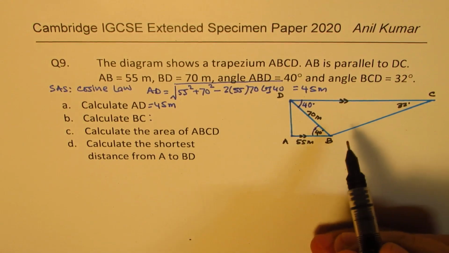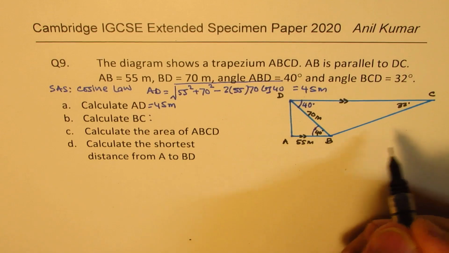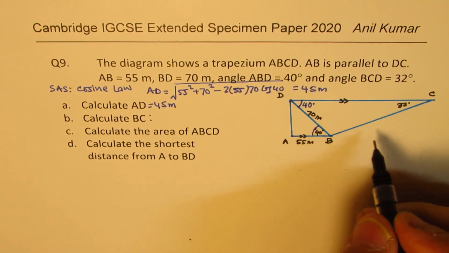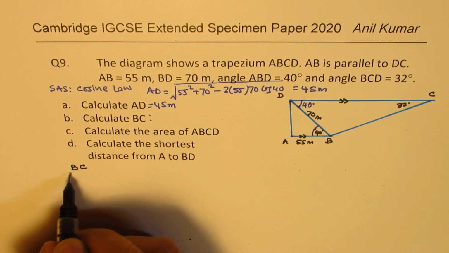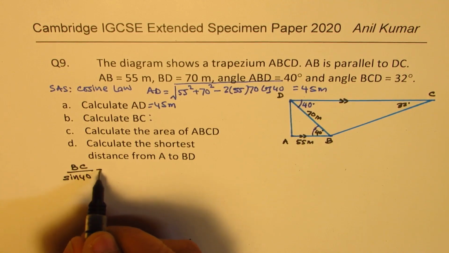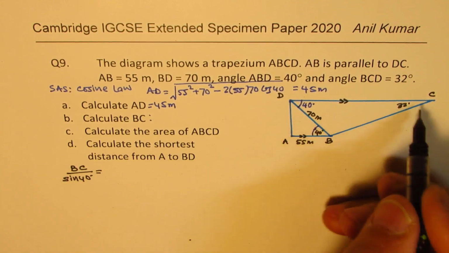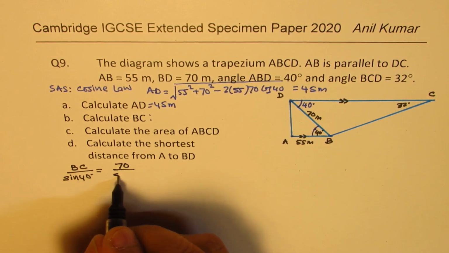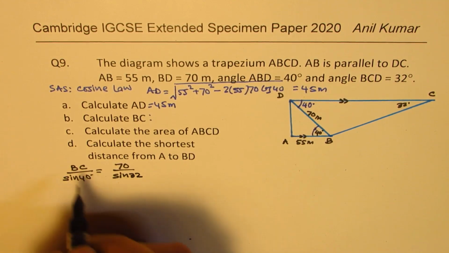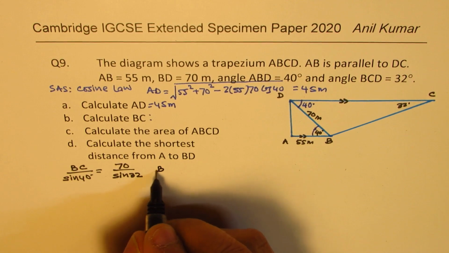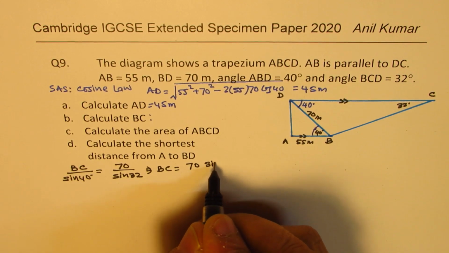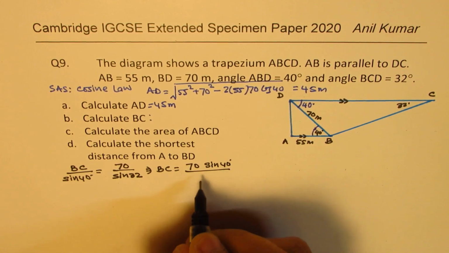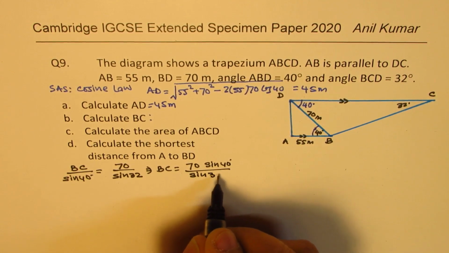So let's find the answer. BC, we'll figure it out here itself. So BC over sine of 40 degrees is equal to 70 over sine of the angle 32, right? So that gives you BC as equal to 70 times sine of 40 degrees over sine of 32 degrees.